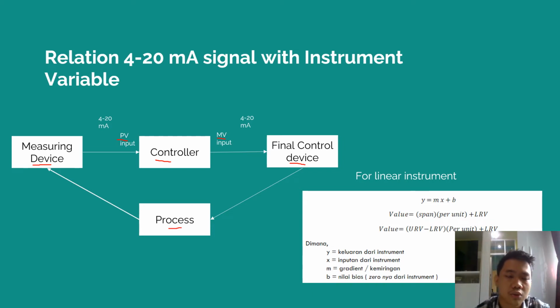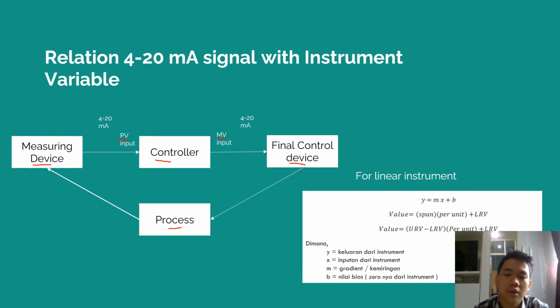For a linear instrument, we have the equation y equals m times x plus b. Y is output, x is input, m is gradient, and b is bias.